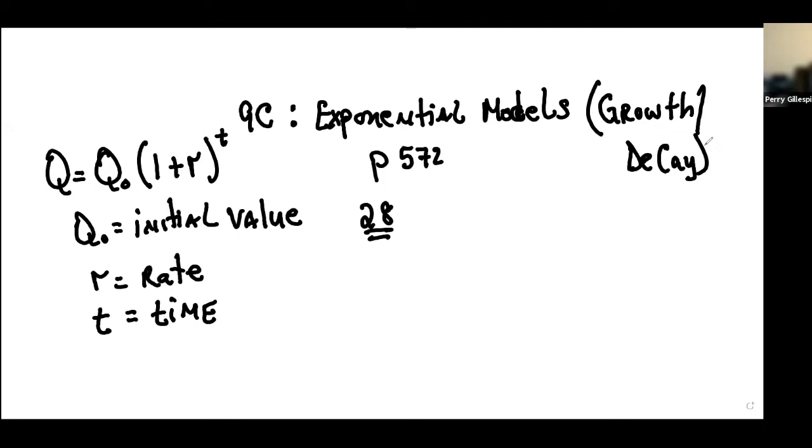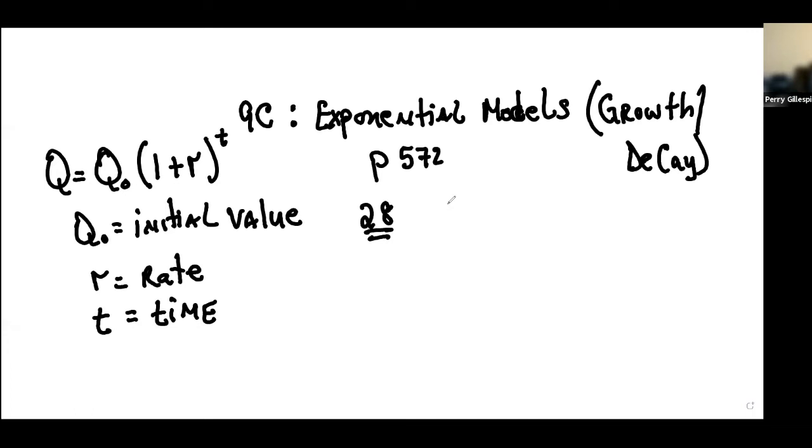It talks about exponential growth and decay laws. Consider the following cases of exponential growth and decay. Again, I am on page 572, number 28. Part A, we want to create an exponential function of the form Q is equal to Q naught times 1 plus R raised to the T power, where R is greater than 0 for growth and R is less than 0 for decay.